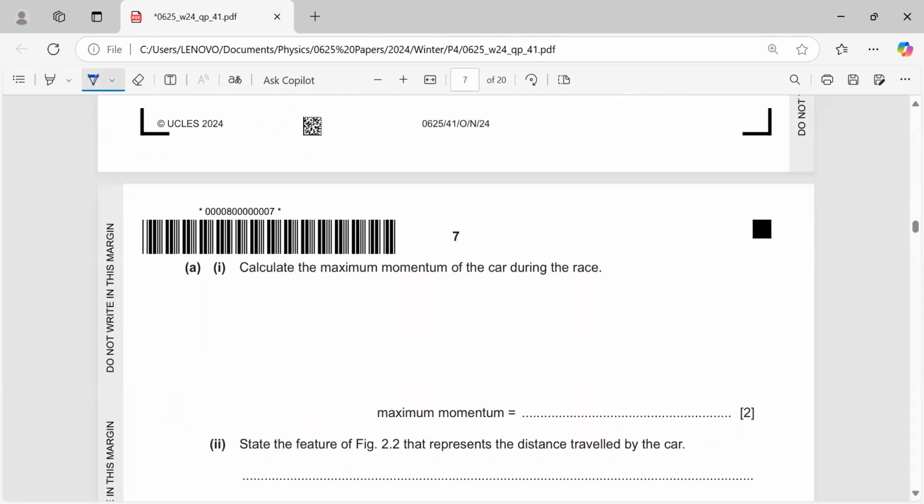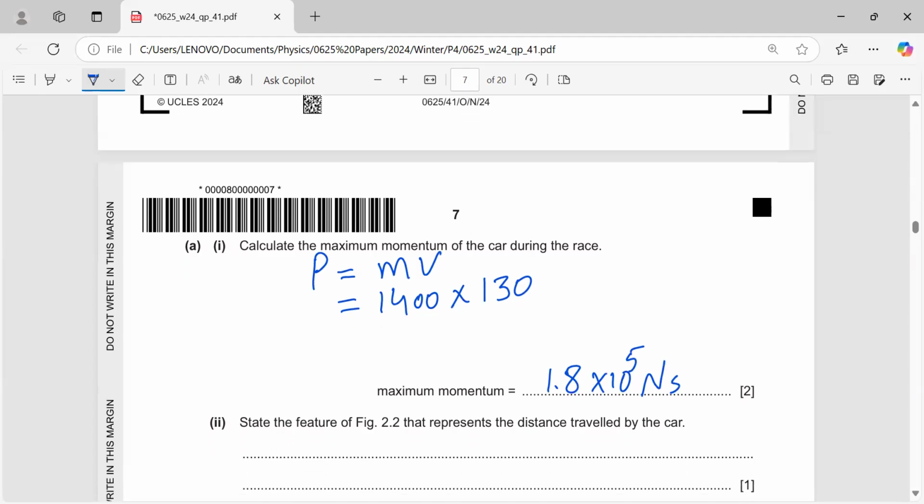They are saying calculate the maximum momentum of the car during the race. You know that momentum is the product of mass and velocity. The mass of the car is given, which is 1400 kilograms, and its maximum speed is 130. When you take the product of these two, you will get 1.8 into 10 raised to the power of 5 Newton seconds. So it's very simple.